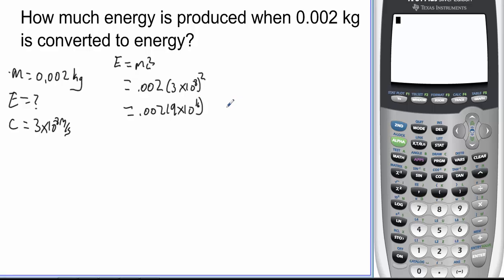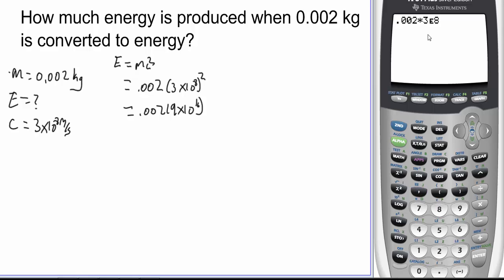When you do this on your calculator, there's a couple different ways to do this. Your calculator has a scientific notation button. Most of them do. It's a capital E. That means times 10 to the power of. So instead of writing 3 followed by 8 zeros, I can say 0.002 times 3, and I need that E, times 10 to the 8.